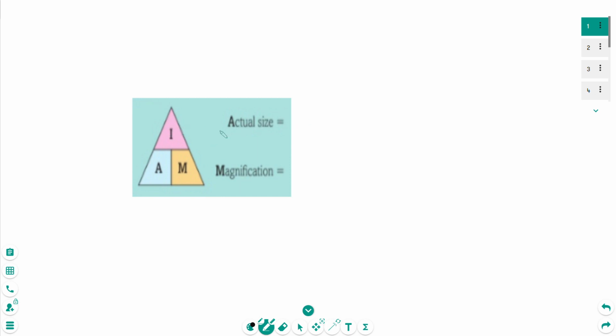Here, actual size is A, I is image size, M is magnification. So if I wanted to calculate actual size, I would cross off actual size here. Then I'll be left with I over M, which is image size over magnification.